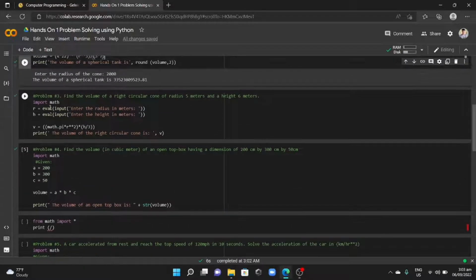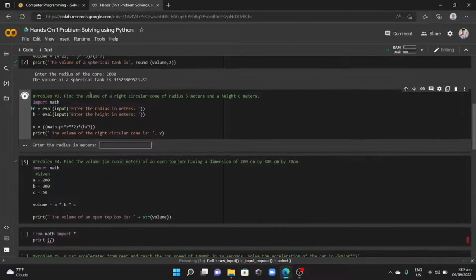Then, for our formula, we have V is equal to pi r squared multiplied by the height over 3. And then we are going to print the volume of the right circular cone is, comma, V.